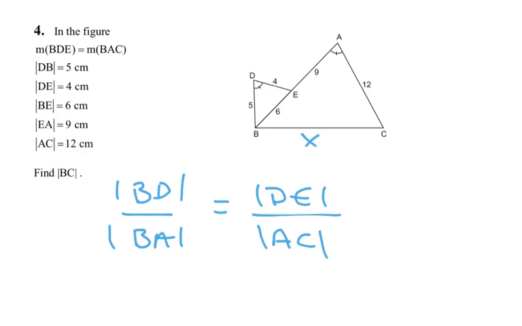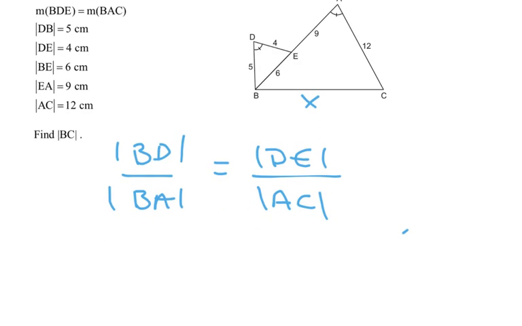If we can show that, then we must have proportional side lengths, and then we must have similar triangles. So let's just check that out. BD is 5 all over BA, which is going to be 15. DE is 4 all over AC, which is 12.